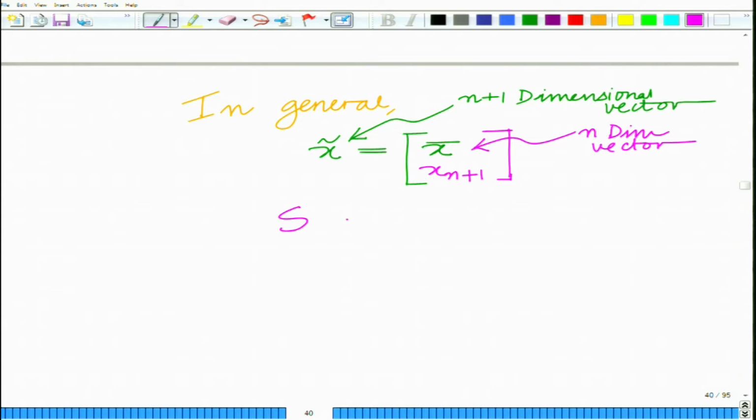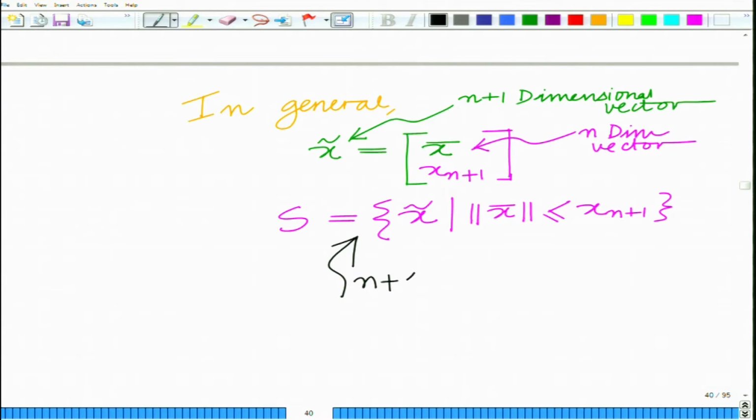Now, if you consider the set S of all vectors x tilde such that norm of x bar is less than or equal to x n plus 1, this represents an n plus 1 dimensional norm cone.